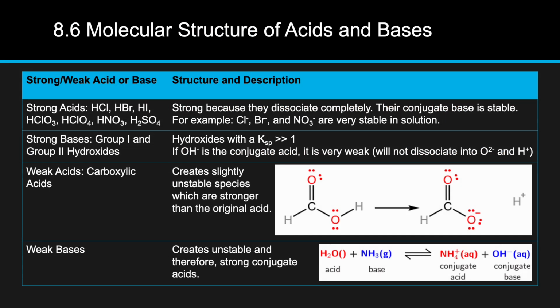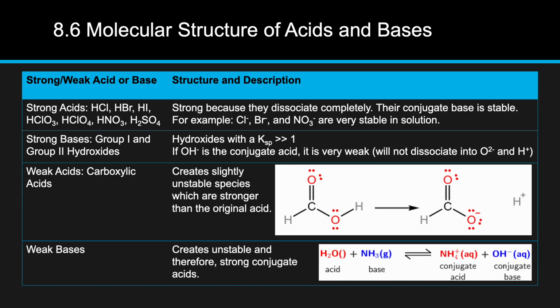All right, so in this lesson, we learned that acid and base strength relates to the stability of the conjugates. Strong acids like hydrochloric acid, hydrobromic acid, and nitric acid fully dissociate because their conjugate bases are very stable, while strong bases like group 1 and group 2 hydroxides have very weak conjugate acids.